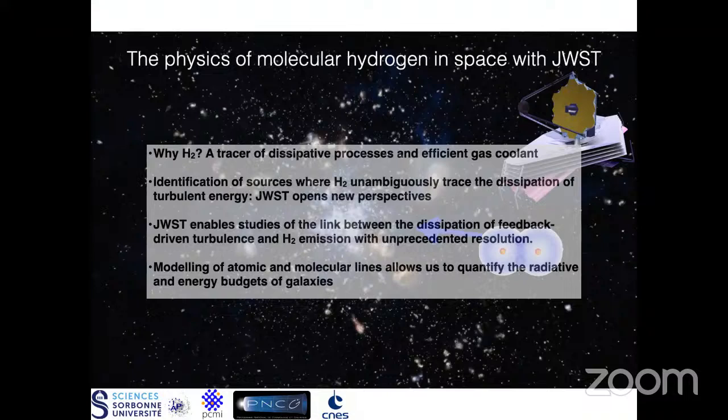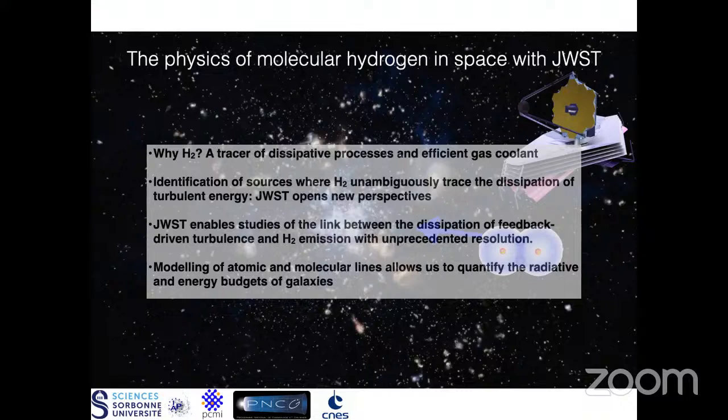A very fast introduction about why H2 we think is a good tracer of those processes, essentially because it's an efficient gas coolant, and we will look at phases where you need to dissipate both the gravitational collapse energy or the feedback-driven energy. And we think H2 is a good tracer of that.